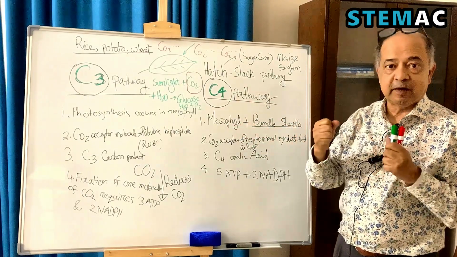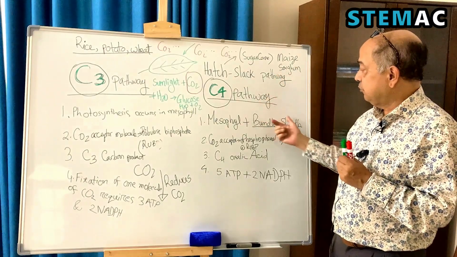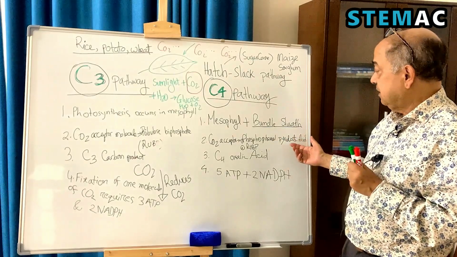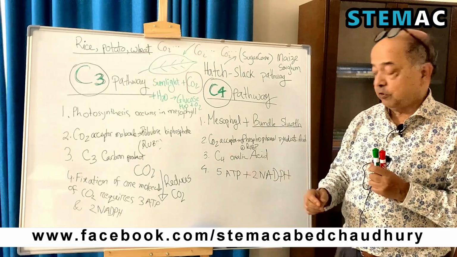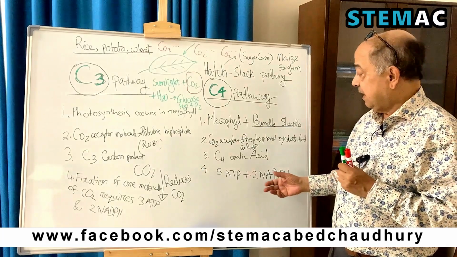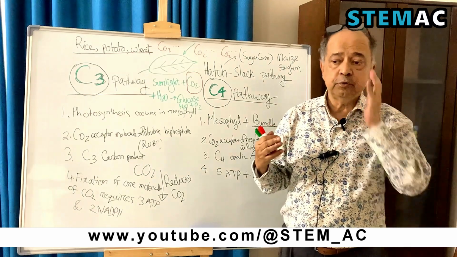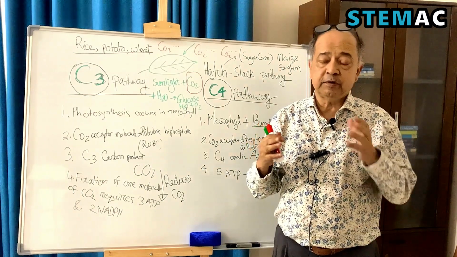So it's like a double barrel gun. It fixes carbon dioxide in two different compartments. A different enzyme is involved along with RuBP, and then the product is the C4 oxalic acid, etc.